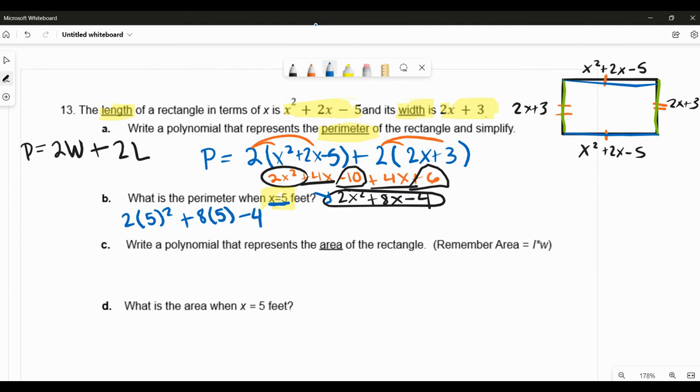You can do this in your calculator, in your head, whatever makes you more comfortable. I know that that's going to be, let's see, 50 plus 40 minus 4. So 90 minus 4, well, that's going to be 86. And so that means that my perimeter is 86 feet.